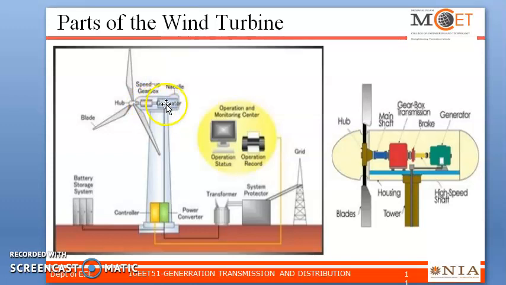The mechanical energy is converted into electrical energy and flows through the power converter. This is the main working principle of the wind turbine. After that, the power is distributed through the transformer, with respect to the applications. That is the working principle of the horizontal axis wind turbine.